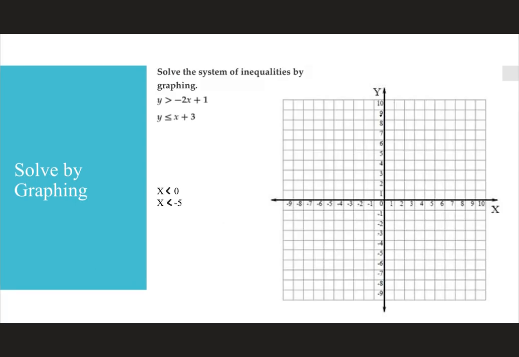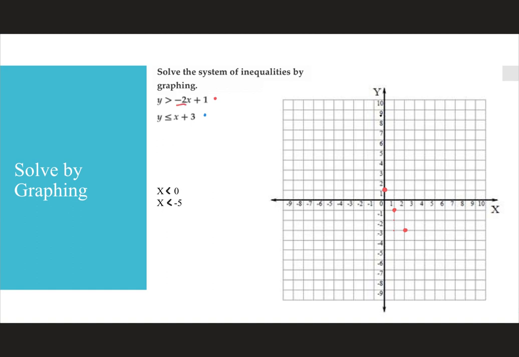So let's go ahead and practice. All right, so for our first one, you're going to graph the inequalities same as we've always done. In this one, I'm going to do red on top and blue on bottom, because why not? I'm going to start at 1, and go down 2 over 1, because my slope is -2.